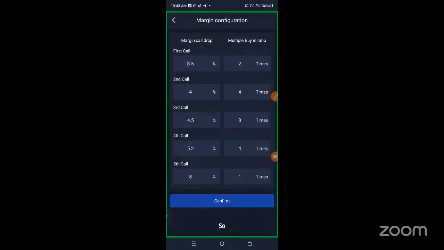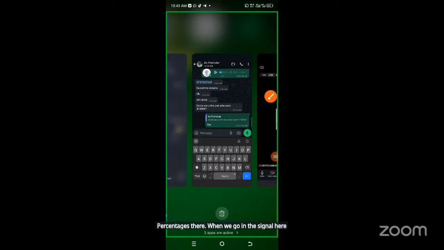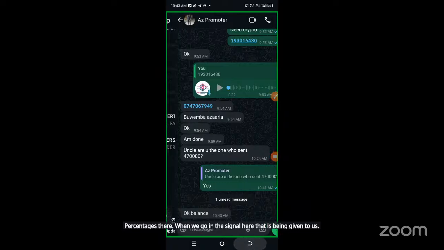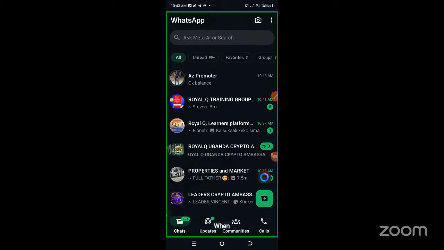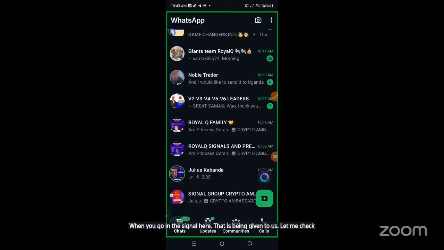So, as I was talking, I told you don't put big drop percentages there. When we go in the signal here that is being given to us, let me check out.